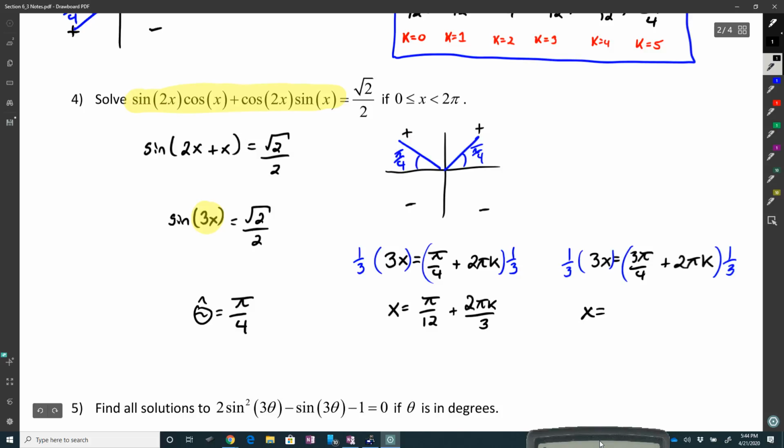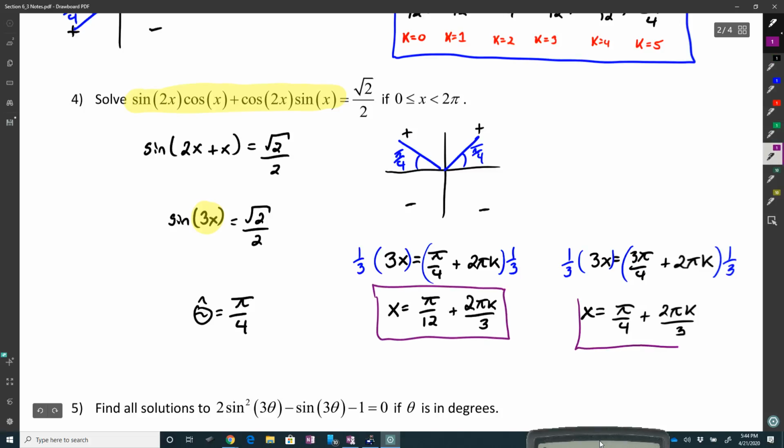Here I have x is equal to 3 pi over 12. Oh, the 3's would cancel, so you get just pi over 4 plus 2 pi k over 3. And so there's your solutions. If you wanted to just plug numbers in, then you can.